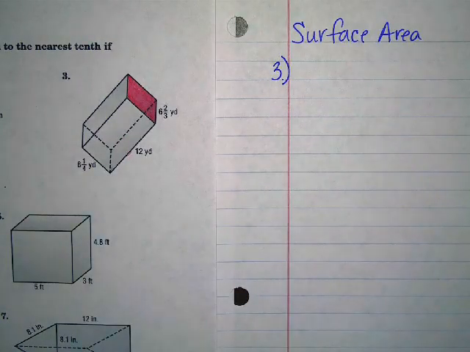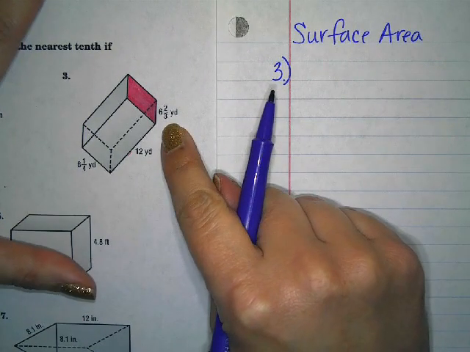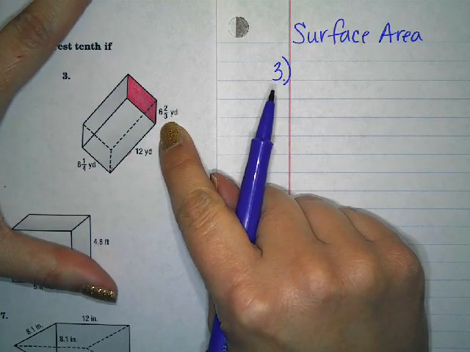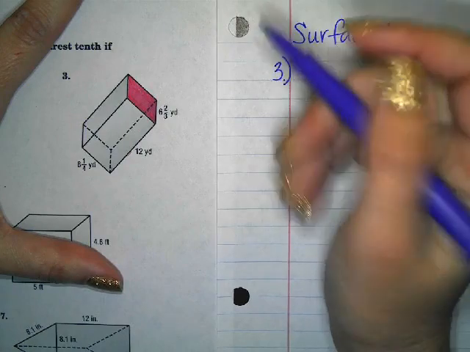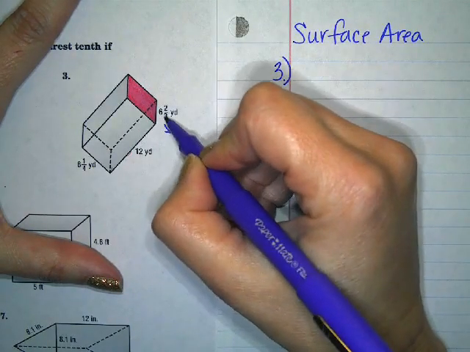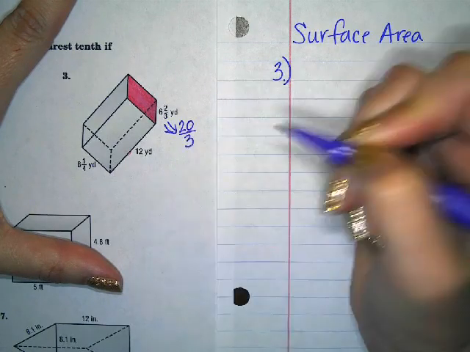Before we begin, let's change our fractions to improper fractions first. So we have 6 2/3, and we want that to be an improper fraction. If we change 6 2/3, we end up with 20 over 3.